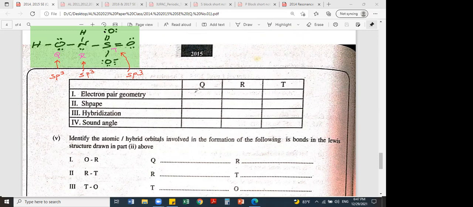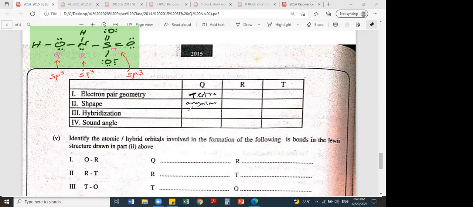Electron pair geometry on Q is tetrahedral. I put tetra here. Then the shape will be what? Everything to Q, it's angular.